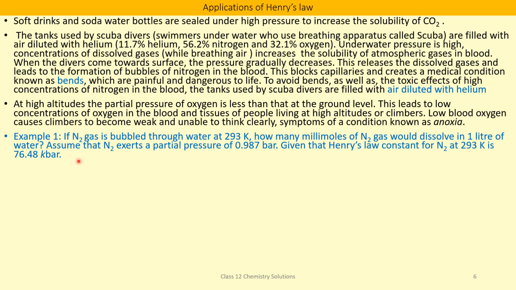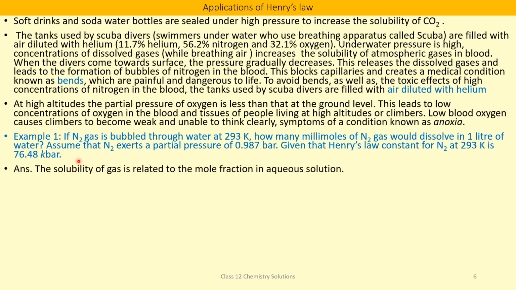Assume that nitrogen exerts a partial pressure of 0.987 bar. Given that Henry's law constant for nitrogen at 293 Kelvin is 76.48 kilobar. Please read the question once again and I will go ahead with the solution.